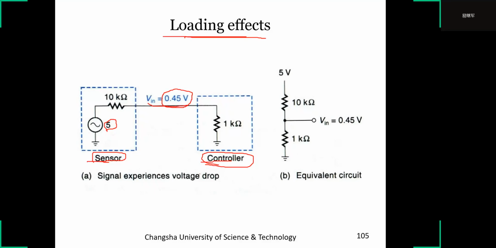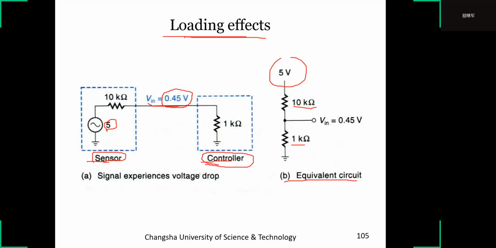This circuit is equivalent to this circuit. This is 5 V, this is 10 k ohms, this is 1 k ohms.